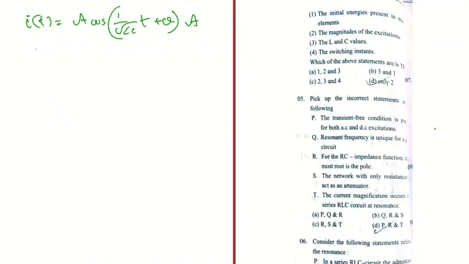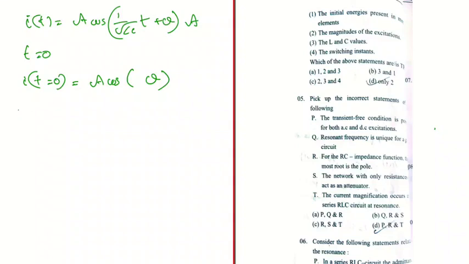Now at the time t equal to 0, I of t equal to 0 equals A cos of (0 plus theta), that is A cos theta.